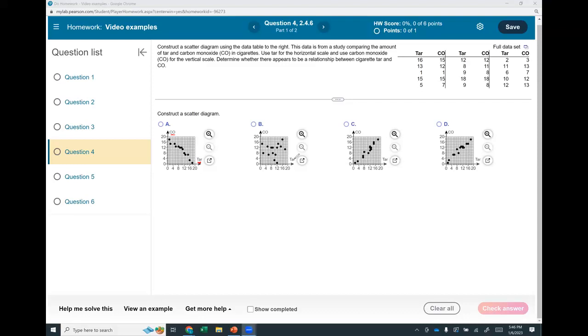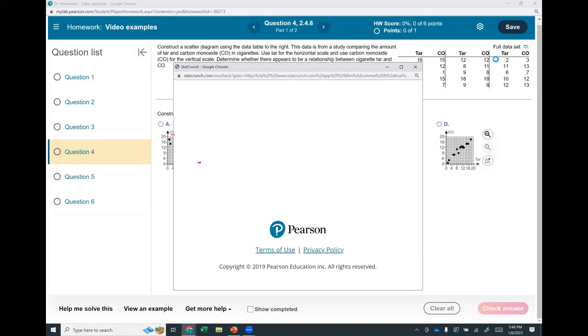But the problem is I don't want to plot every one of these points, right? So what I can do is if you look up here in the upper right-hand corner, there's this little box and it says click to copy table. So I'm going to click it and it says open in StatCrunch. That's what I want to do. I want to open it in StatCrunch.